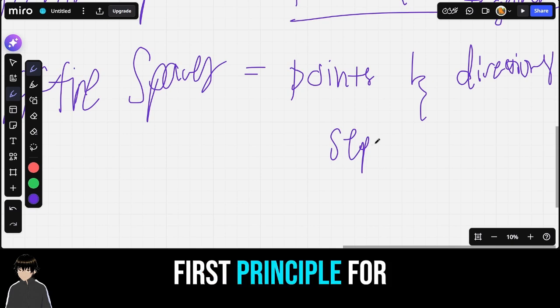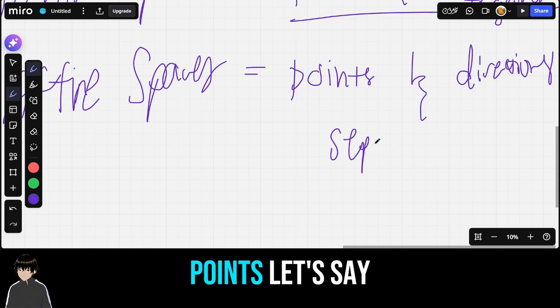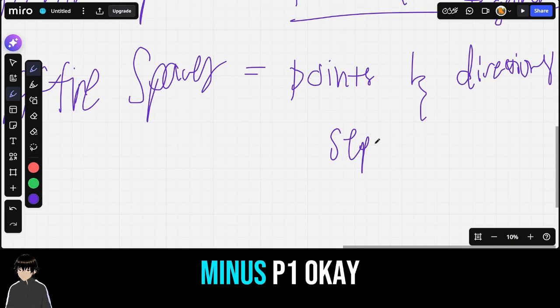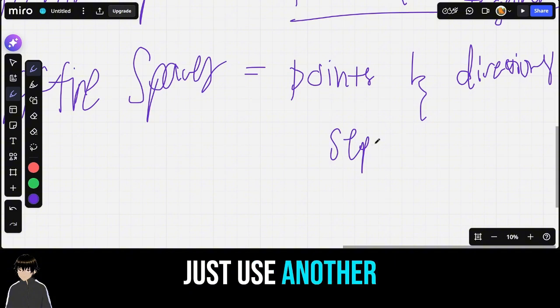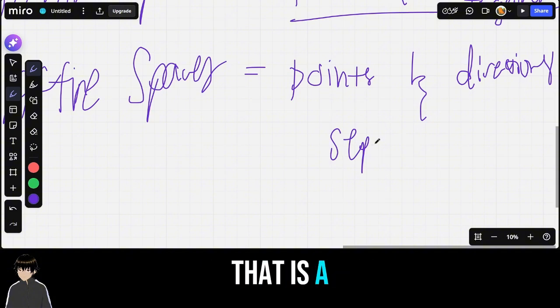Let's take the first principle for affine spaces first. You take the difference between 2 points. Let's say P2 minus P1. But let's just use another variable because that is the same thing I used for my other video.